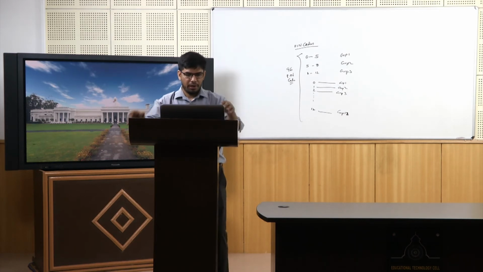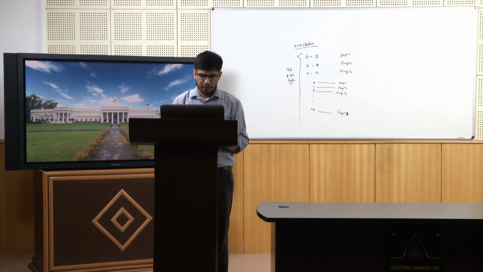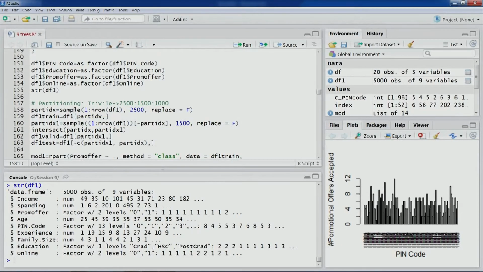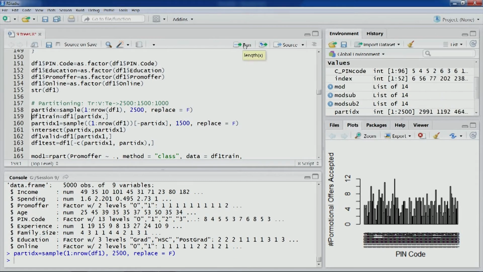Now if you look at these 4-5 lines of code for partitioning, first we are trying to randomly draw 2500 observations from the sample for the training partition. So let's do this. You can see part index has been created in the environment section, an integer vector of 2500 observations. So now these observations can be safely assigned to the training partition.